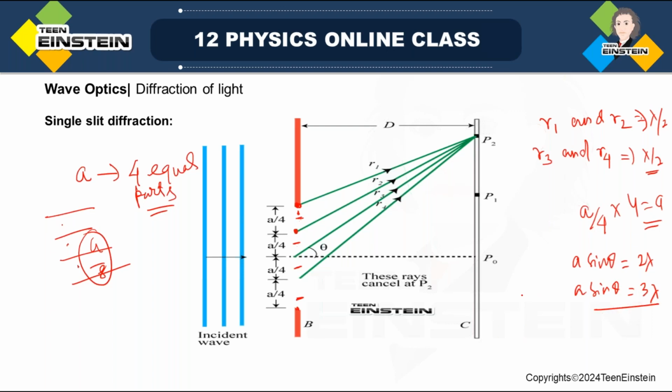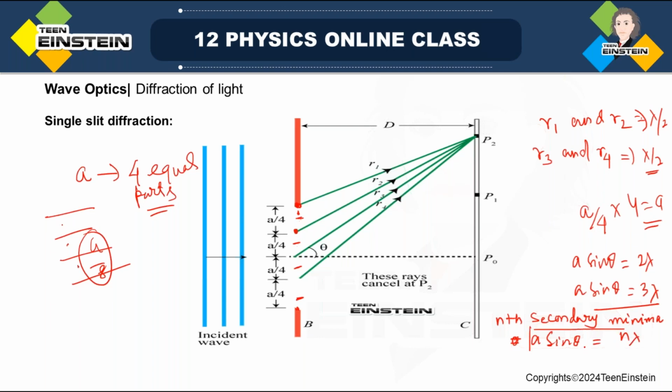So if we want to generalize this for the nth dark fringe or nth secondary minima to occur, what is the condition? The condition is that a sin theta, the path difference, must be equal to n lambda.